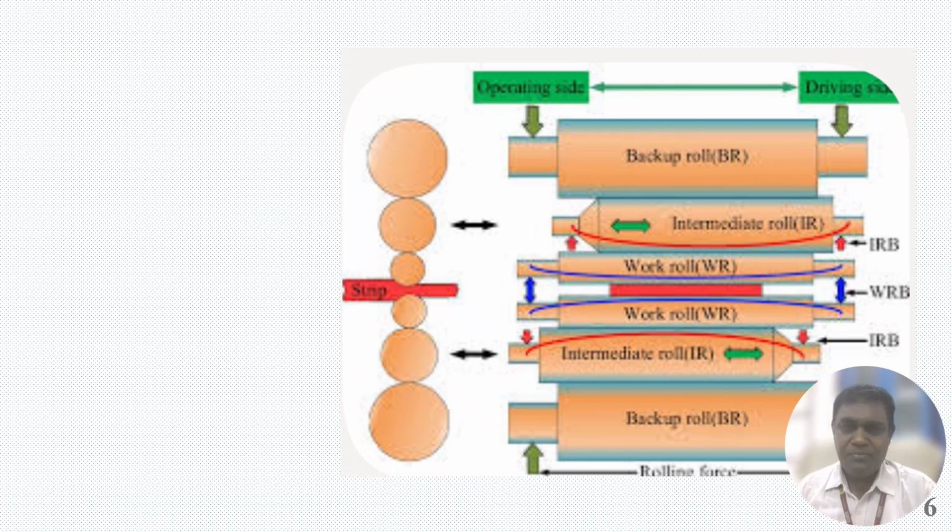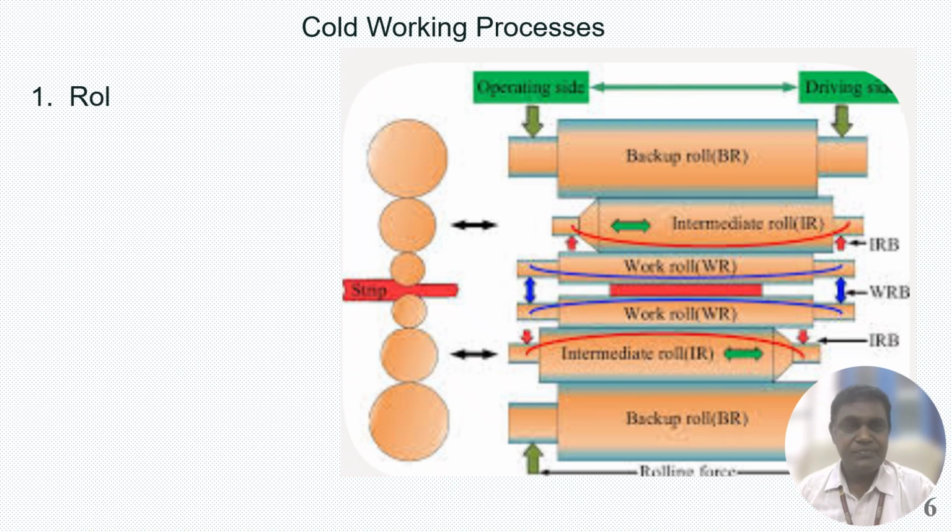The load is applied through the backup roller to the intermediate roller to the work rollers, and they are also rotating. Several setups are available according to the requirement. So this is called the cold rolling process.